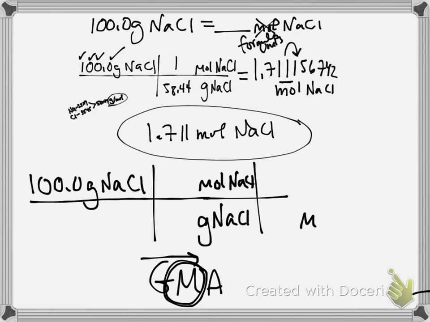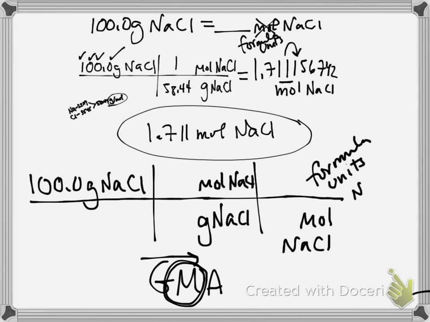So down here, units to cancel will be moles of NaCl. And up here, what will that be? Formula units of NaCl. That's what we're going to get for an answer, FUs of NaCl.